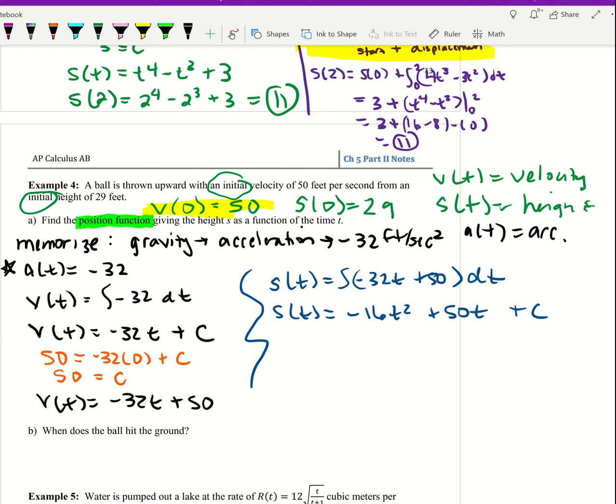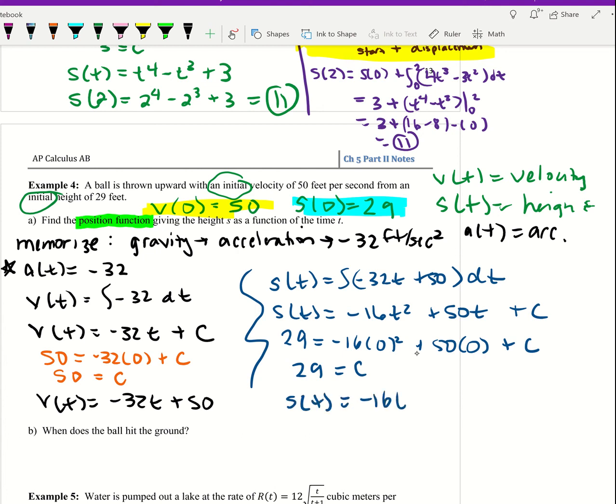Some of you students who've had physics are going, wait, I recognize this. And remember, we do have an ordered pair for position. At time 0, the position is equal to 29. So if I put in 29 as the output and 0 as the input, we can find out that the constant here is 29. So s of t could be written as negative 16t squared plus 50t plus 29.